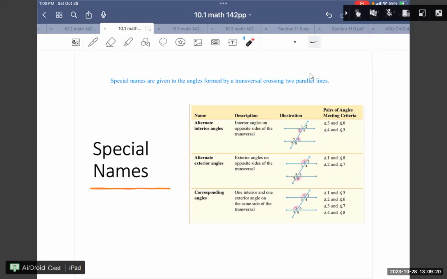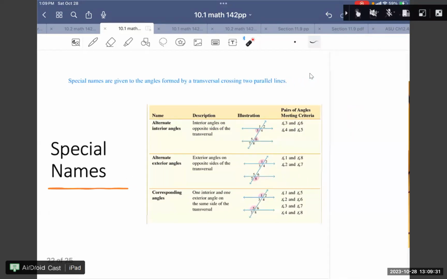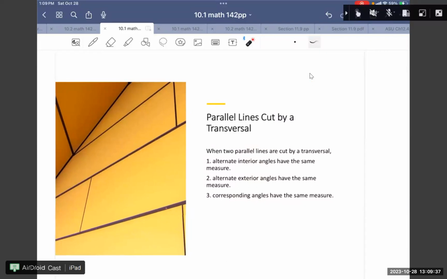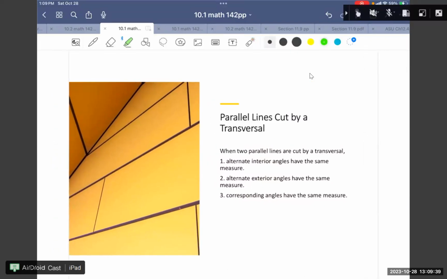Then corresponding angles are on the same side, this one and this one, this one and this one, so they have the same measurement. So we have the parallel lines, and the corresponding angles are the same measurement.